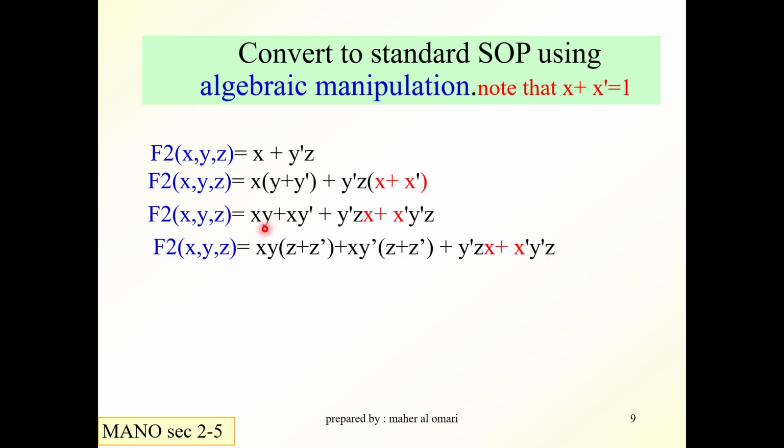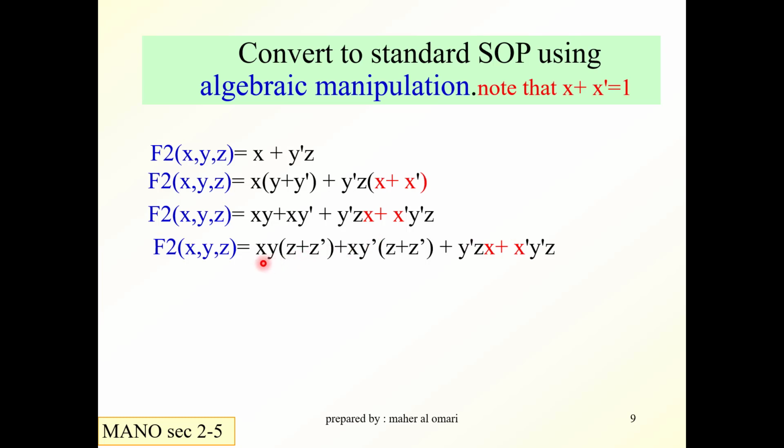We can introduce this by ANDing with 1. This is a 1. xy ANDed with z OR z bar, and xy bar, which is this, ANDed with z OR z bar. And this is not missing anything, so we leave it as it is. This is not missing anything, we leave it as it is.